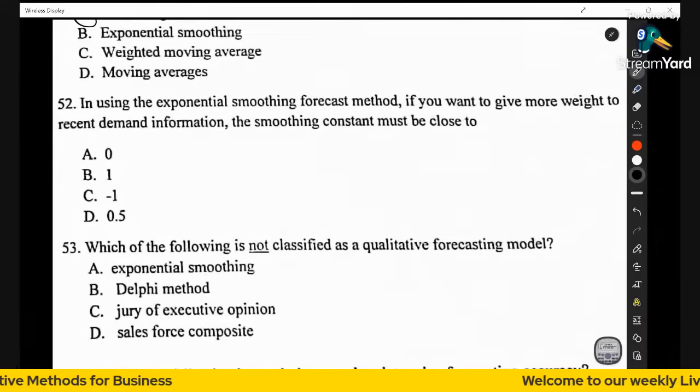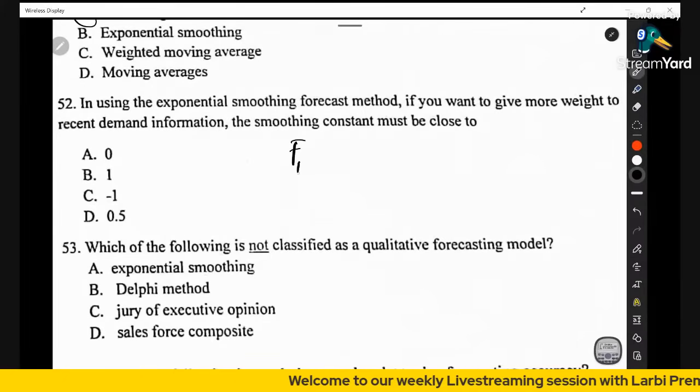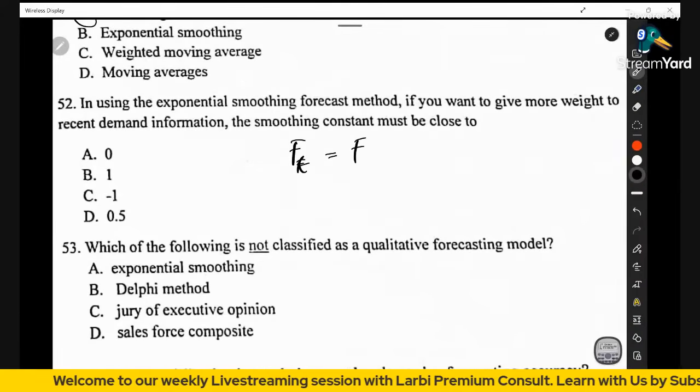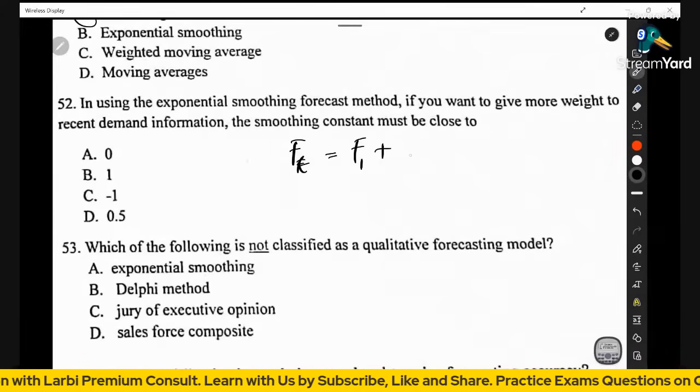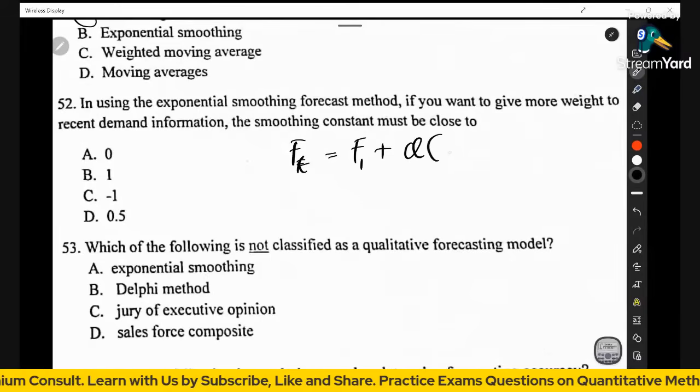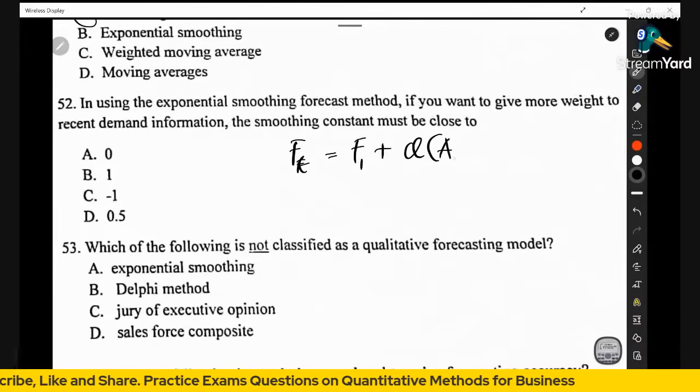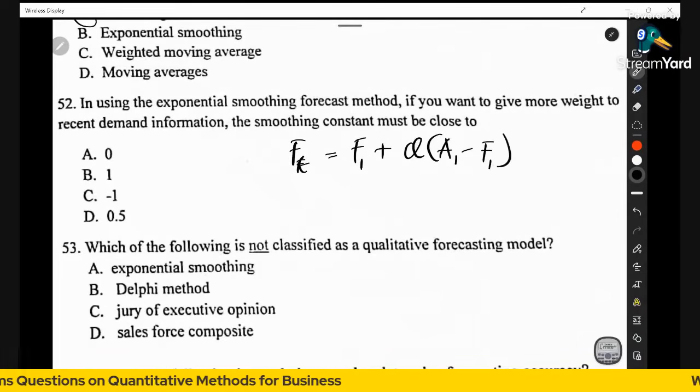Realize that in exponential smoothing, our forecast for a particular period, Ft, is always the forecast for the previous period, let's say F1, plus the smoothing constant multiplied by the actual value minus the forecast value of F1. This is what we identify when it comes to exponential smoothing.